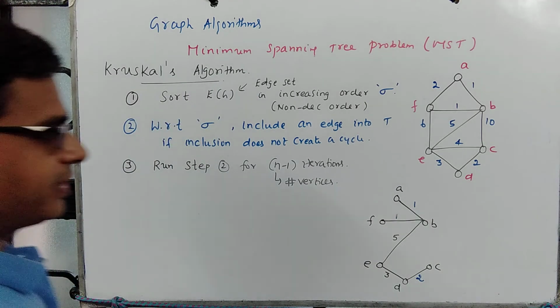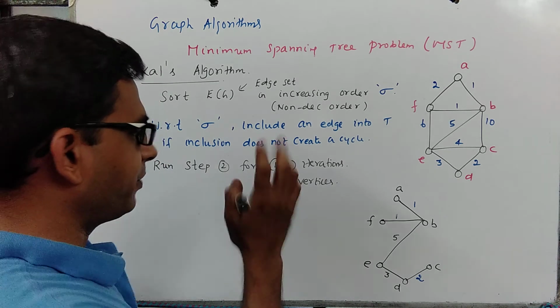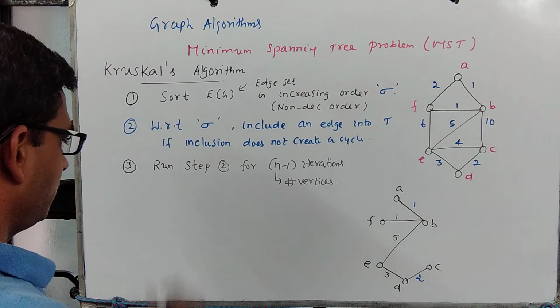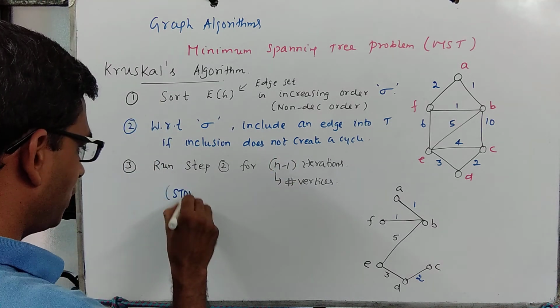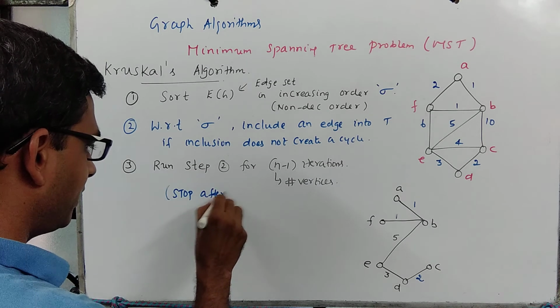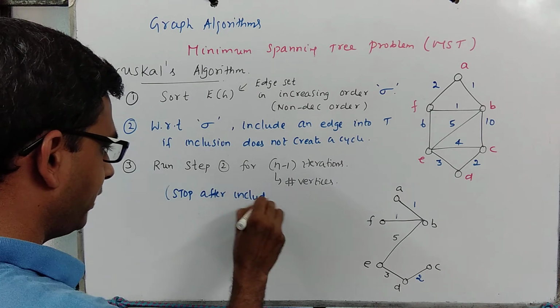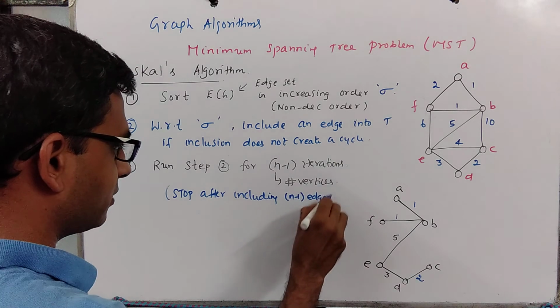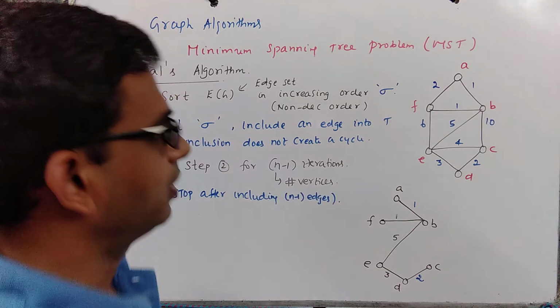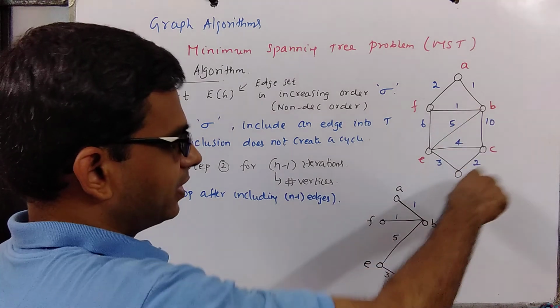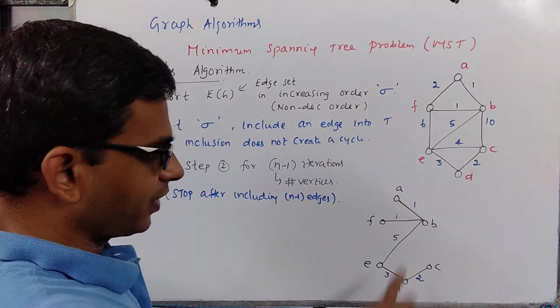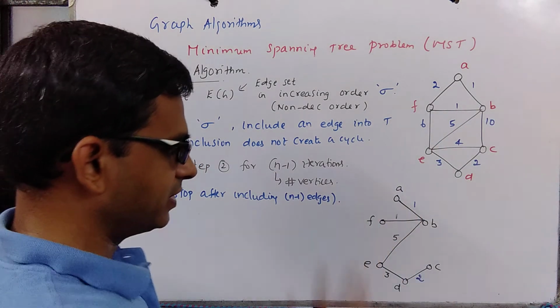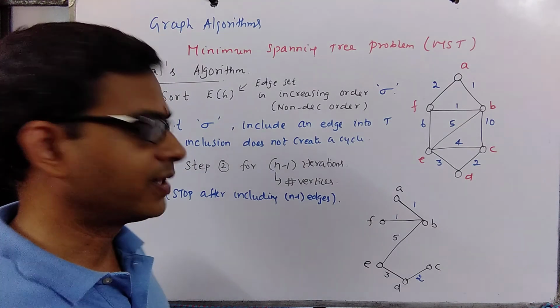Or stop the algorithm after including n minus 1 edges. That's all. Now you see that there are 6 vertices and we have added 5 edges. We stop our algorithm now.